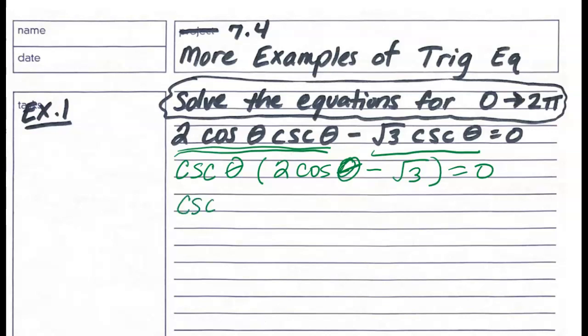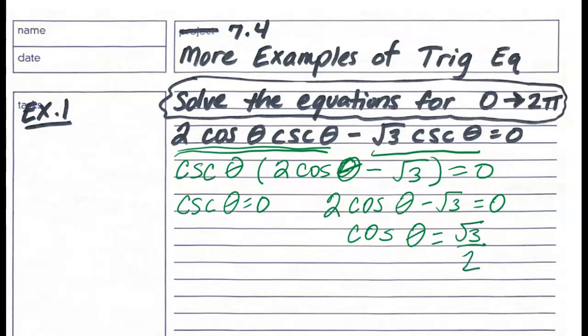So cosecant theta equals 0, and 2 cosine theta minus square root of 3 equals 0. Cosecant theta is already solved, so we just got to solve this one. I get cosine theta equals, add that to the other side, square root of 3, divide by the 2.